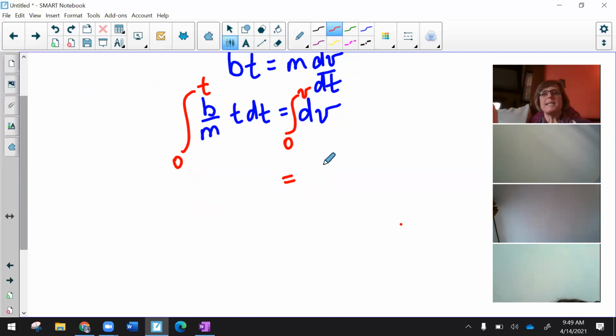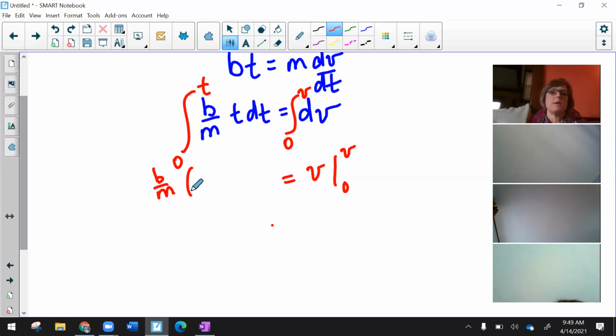So what's the antiderivative of dv? V. Okay, and I'm going to evaluate that from 0 to v. On the t side, I can pull out the b over m because it's a constant. And then what's the antiderivative of t dt?